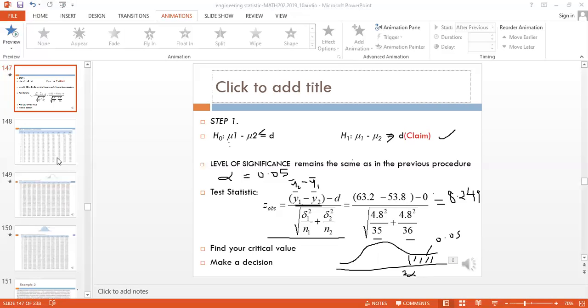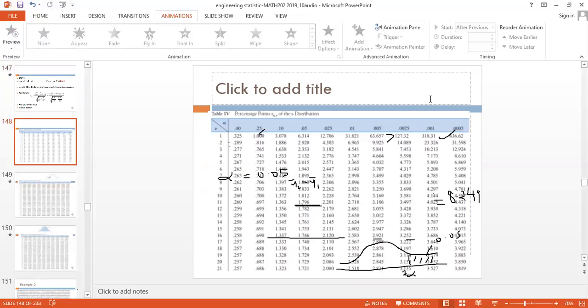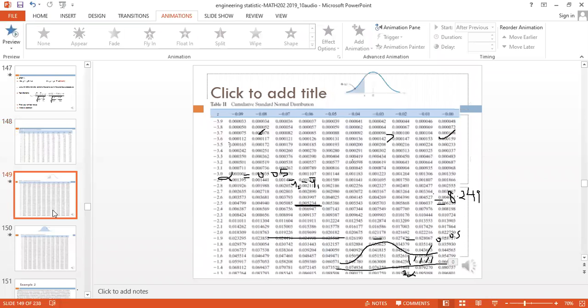We know how to do it, right? If you're reading from the right hand table, then you subtract from 1 and read 0.95, and then find the critical value which gives us that probability value.